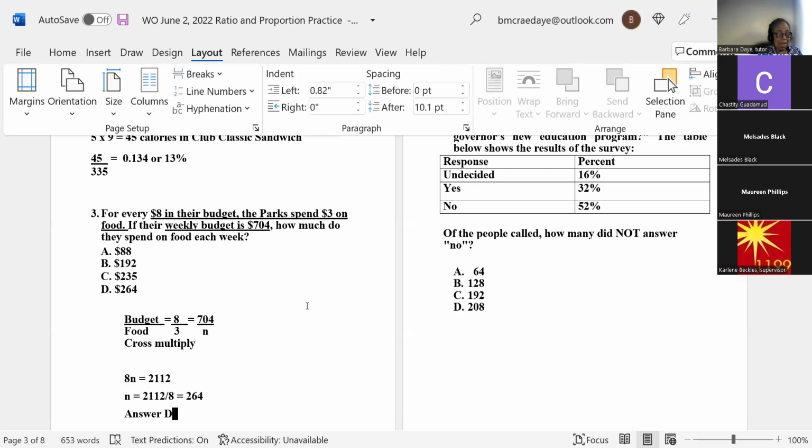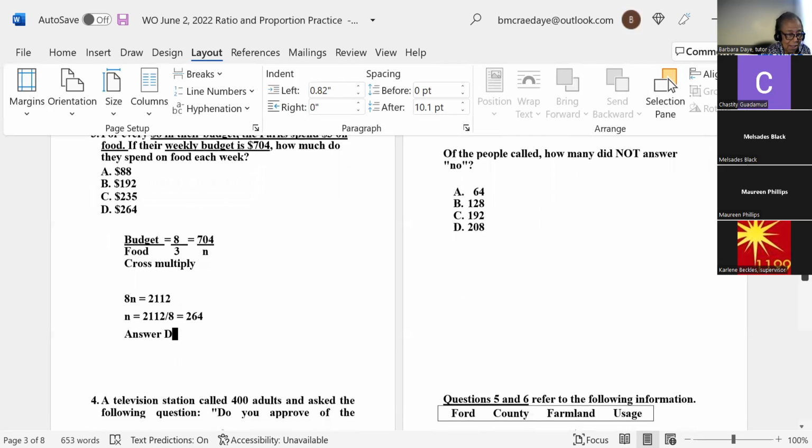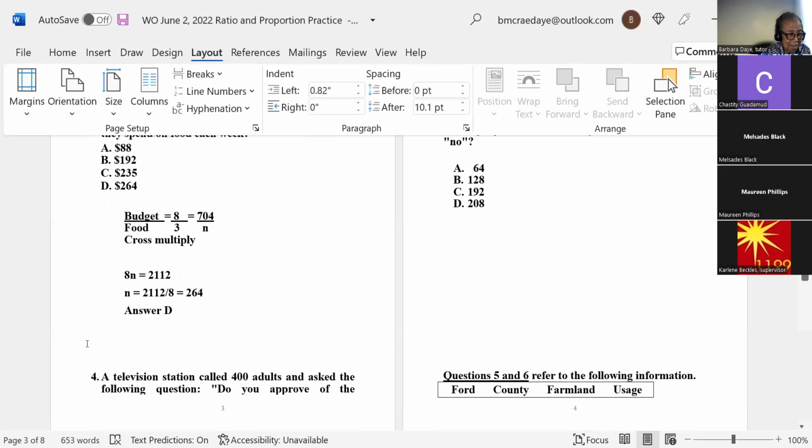Now, if you keep that 3/8 multiplied by 704, you'll get the same answer. You got it? So I multiply 3 times 8 and I get 24. I use the 24 to divide.